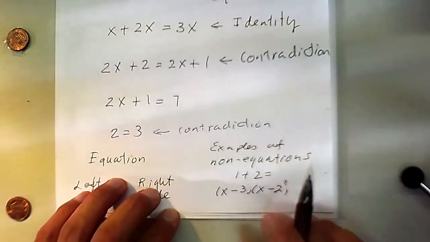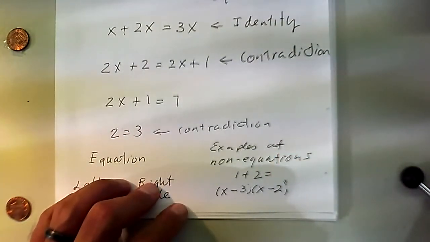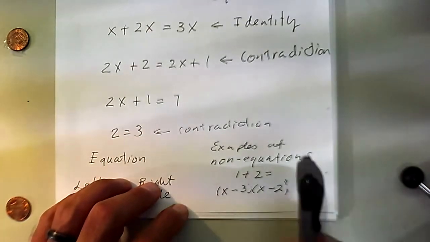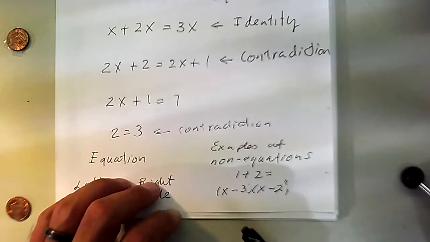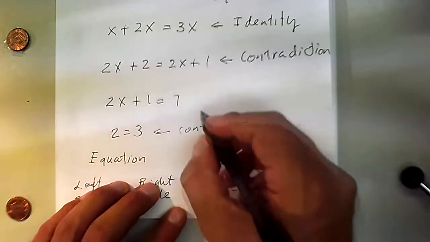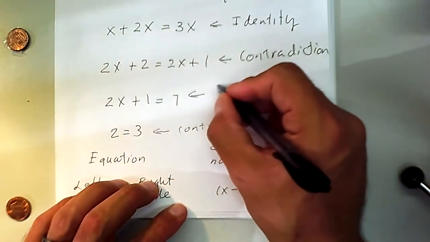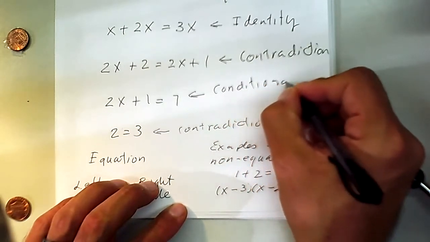When that happens, that for some values of the inputs the equation is true, and for some other values, all it takes is one value of the variable, the equation is false, then we have what is called a conditional equation.